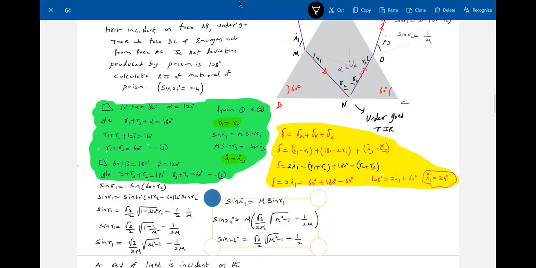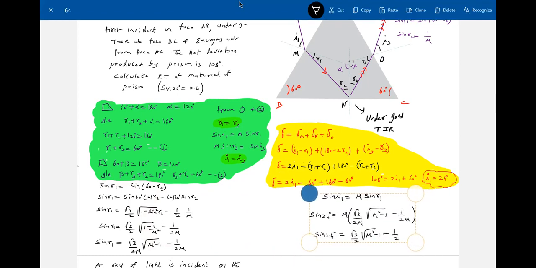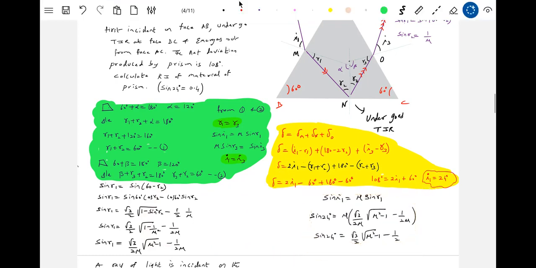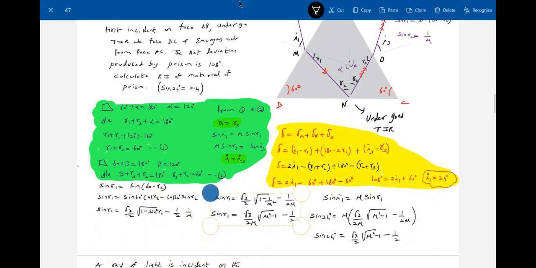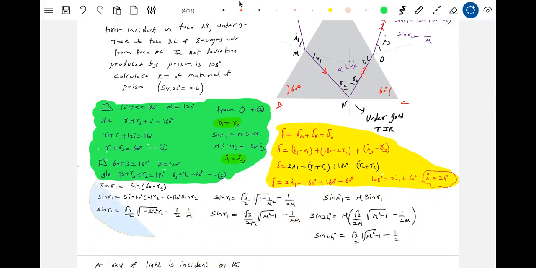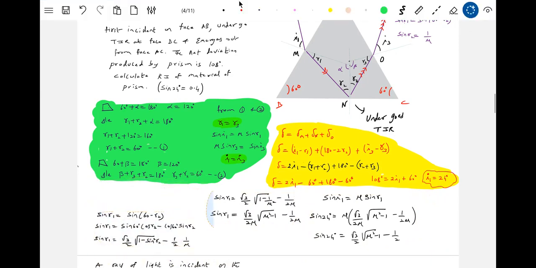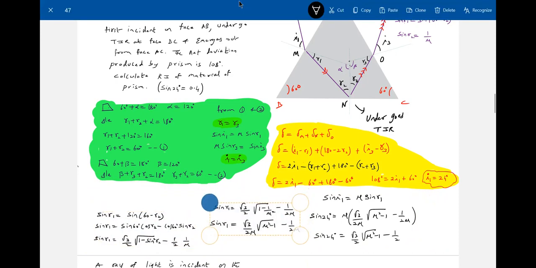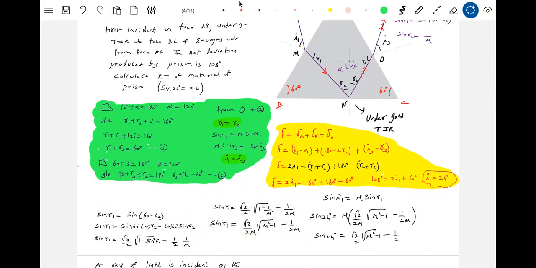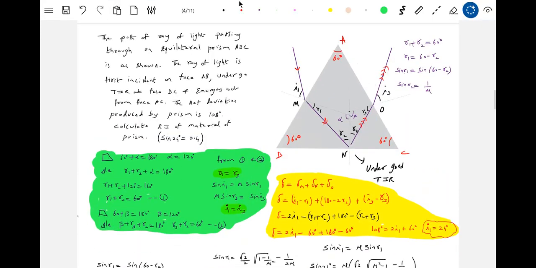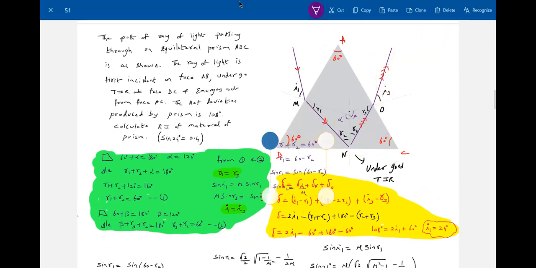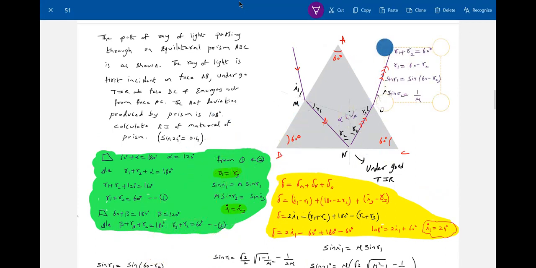Hope I'll bring all the things. Yeah, you will not get confused at least. I have very less space on the screen, that's why.